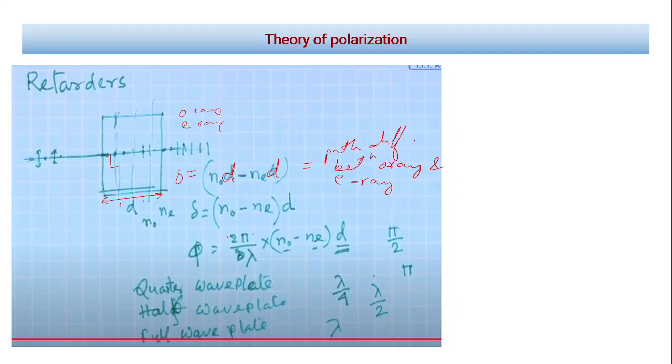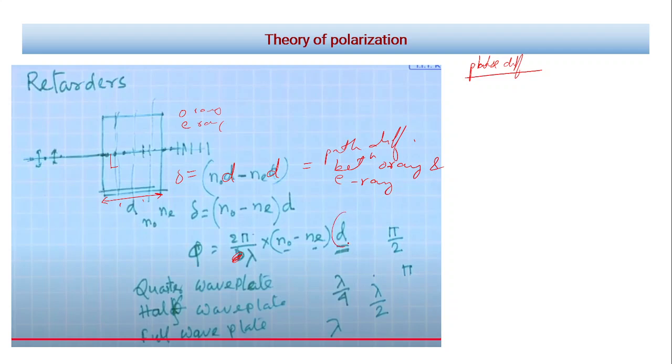Now we know phase difference is 2π by λ times path difference. So the phase difference depends on d, you can see.